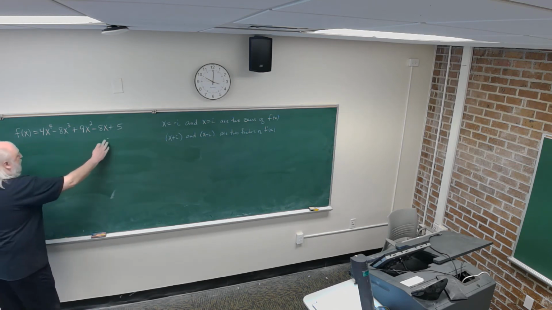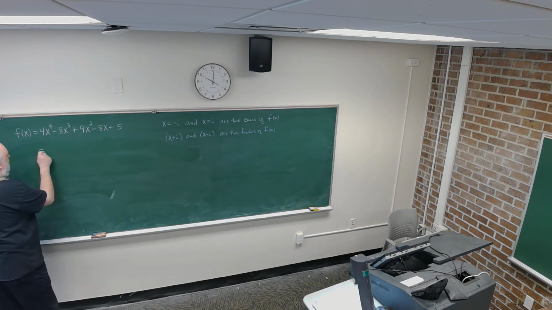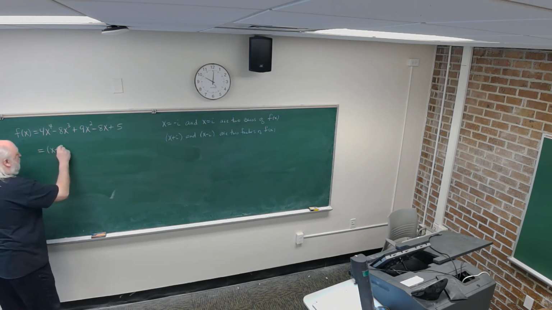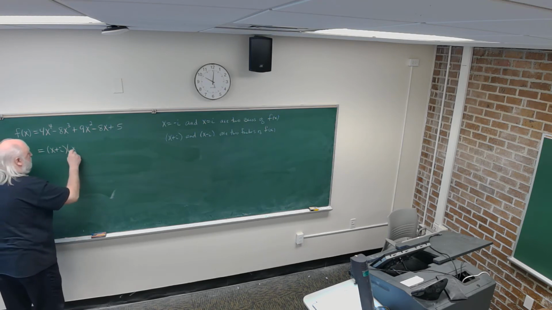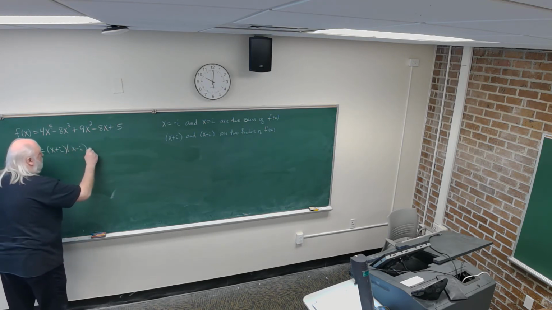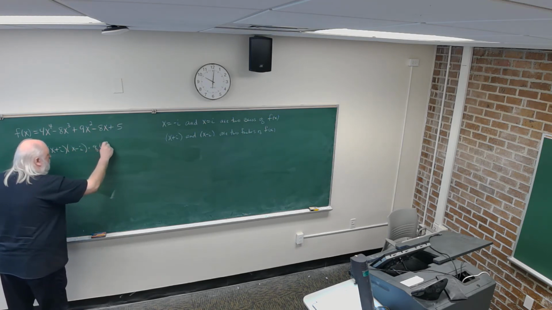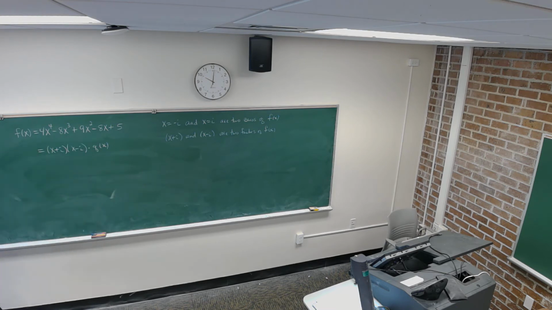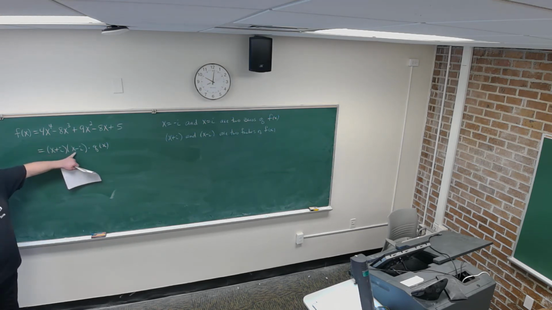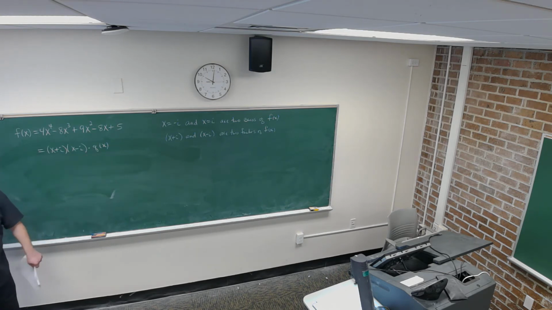So our fourth degree polynomial here can be written as x plus i times x minus i times some unknown quadratic. This fourth degree polynomial has two linear polynomials as factors, so q of x has to be a quadratic.